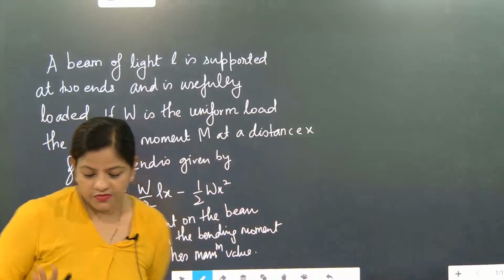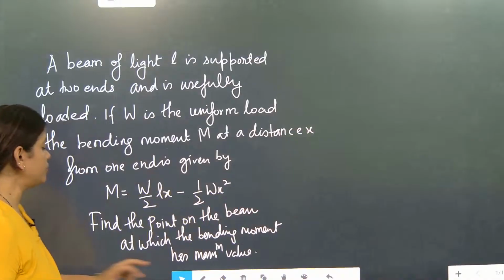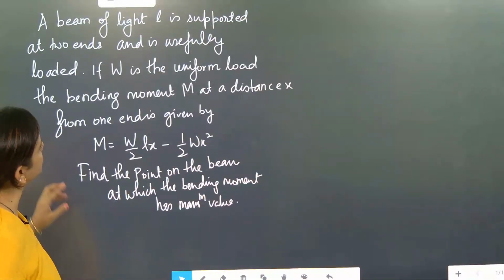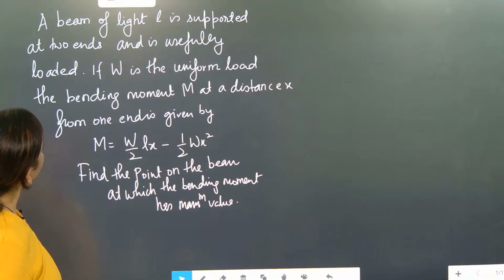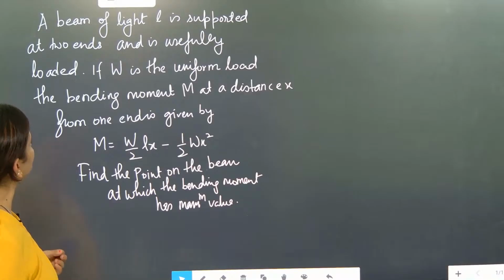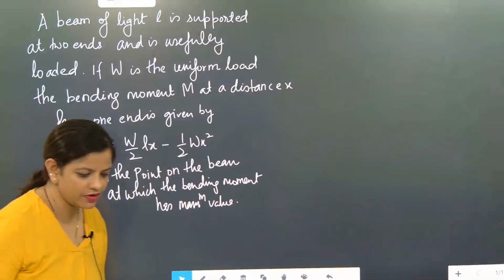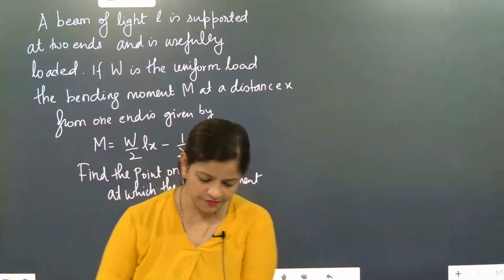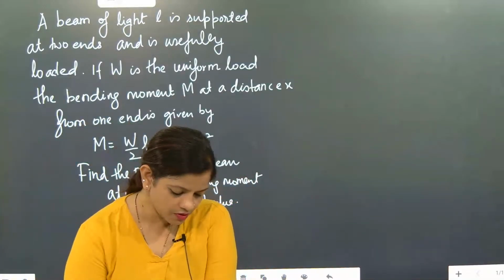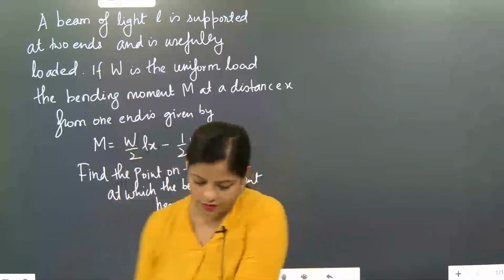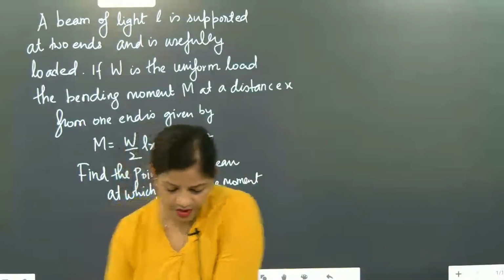So beta, this is a very easy question. The beam of length L is supported at two ends and it is uniformly loaded. If W is the uniform load, the bending moment M at distance x from one end will be given by what? Here we are going to find the maximum bending moment.